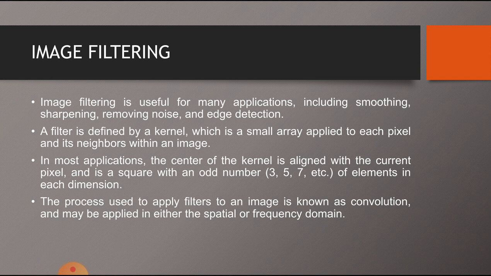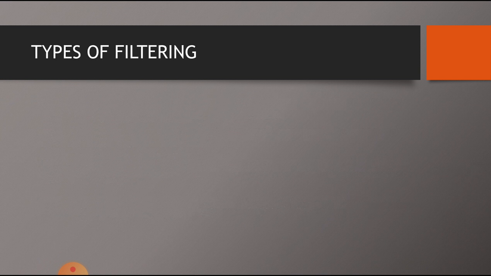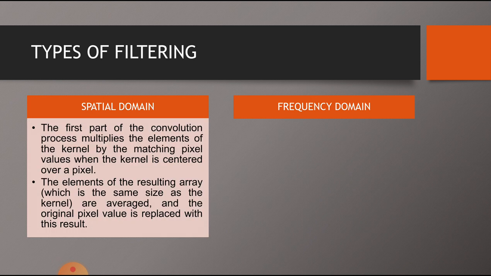In the spatial domain, we directly operate on the image, and in the frequency domain, we apply the Fourier transform to convert the image to the frequency domain, and then we perform filtering. So there are two types of filtering. First one is spatial domain filtering, second one is frequency domain filtering. In spatial domain filtering, we multiply the kernel with the pixels of the image, and then the result is averaged and replaced in the original image.